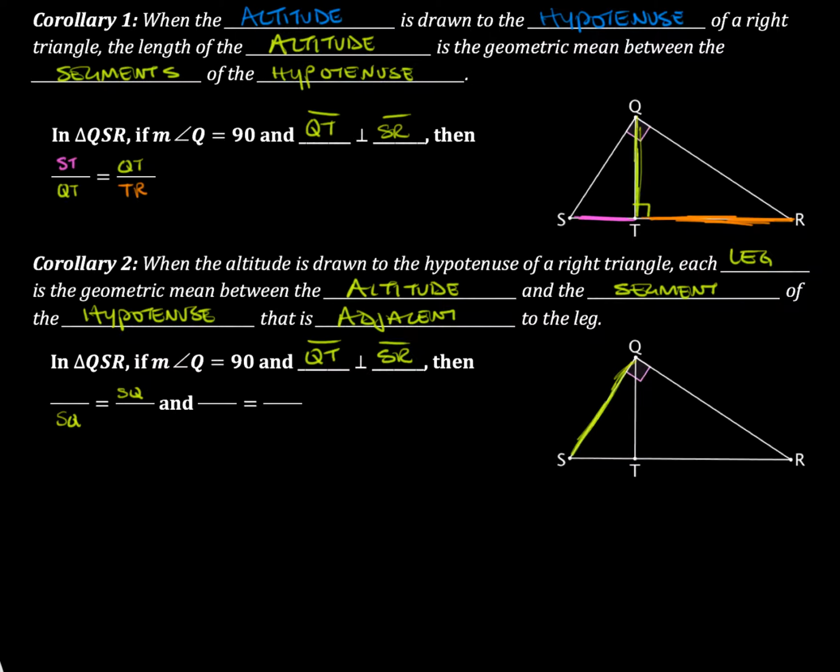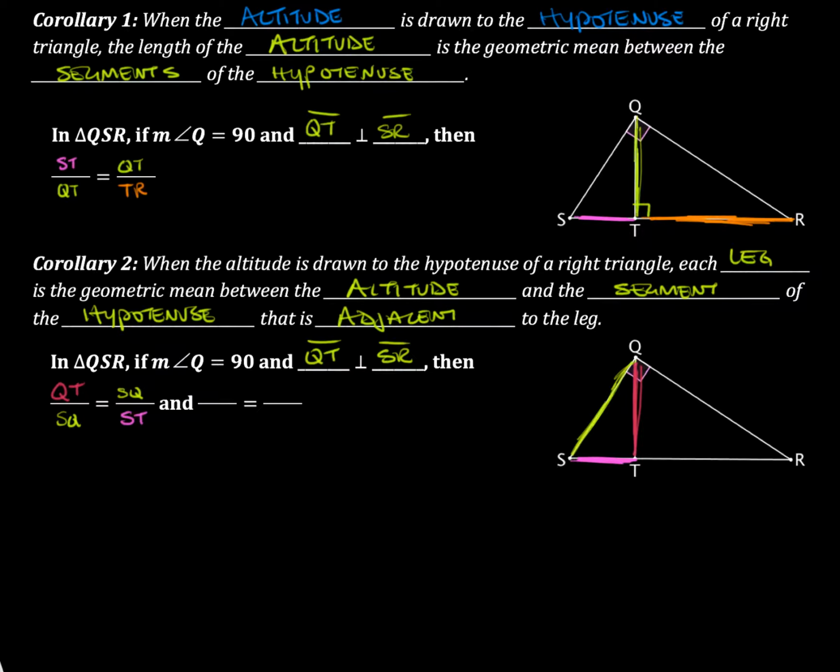What is it the geometric mean between? It's the geometric mean between the altitude, QT, so we'll put that one right there, and the portion of the hypotenuse that's adjacent to that leg, so this segment right here, ST. So that's one of the proportions I can set up. SQ is the geometric mean between QT and ST.